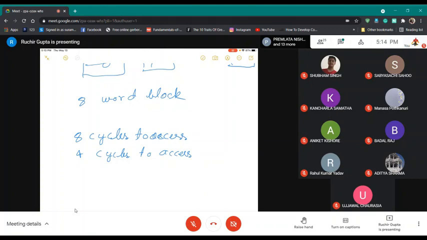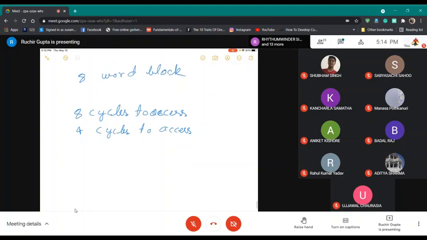So if there is a single memory module, what all will be needed is, you have to transfer. Let's say one clock cycle will be for telling that you need a transfer to be done.